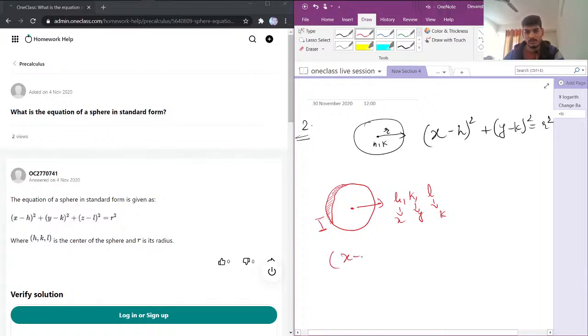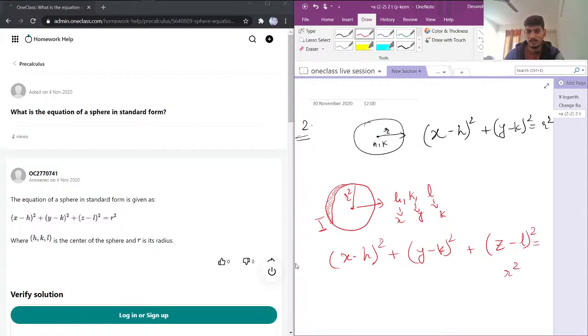Now my equation for sphere will become x minus h whole square plus y minus k whole square plus another component z minus l whole square equals, again, the square of the radius, r square.